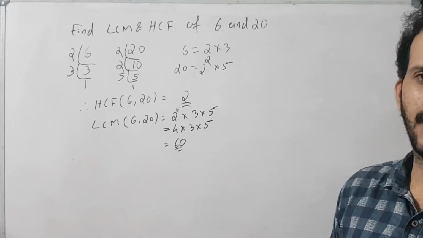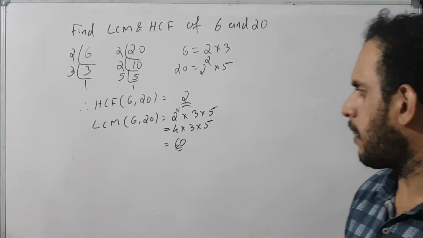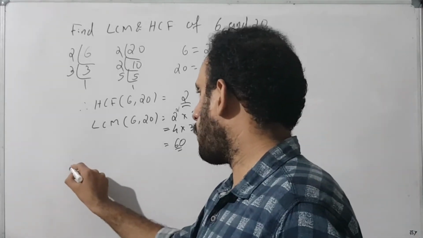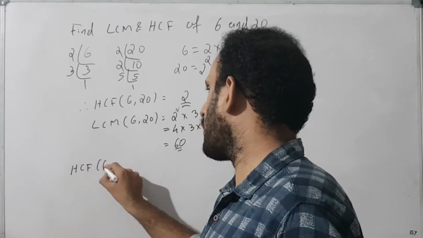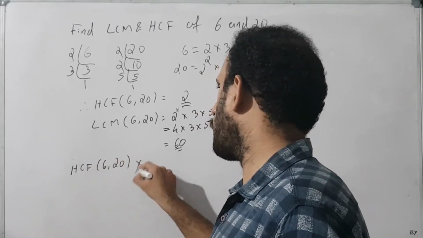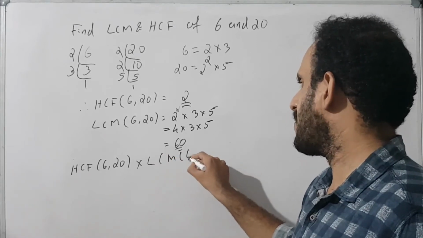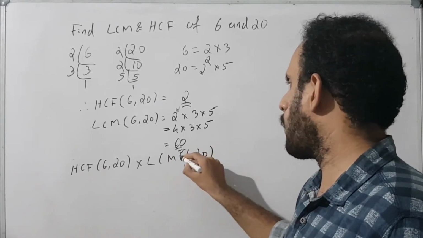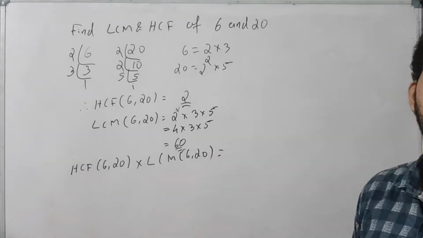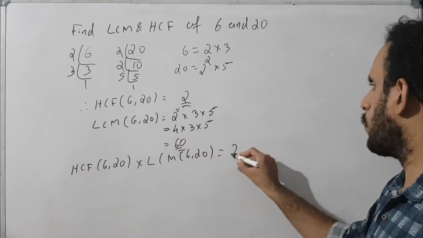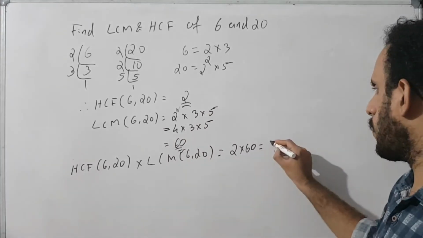Then I think this much is clear. Then we listen here once again. We are discussing another idea. I am finding the product of HCF and LCM of 6 and 20. Then what do we get? 2 into 60, which is 120.